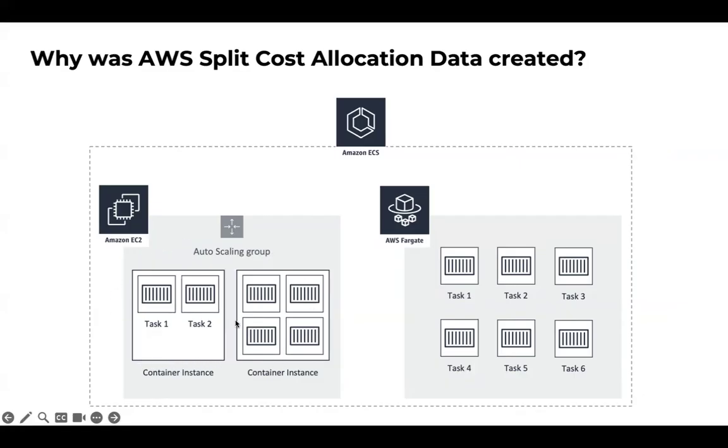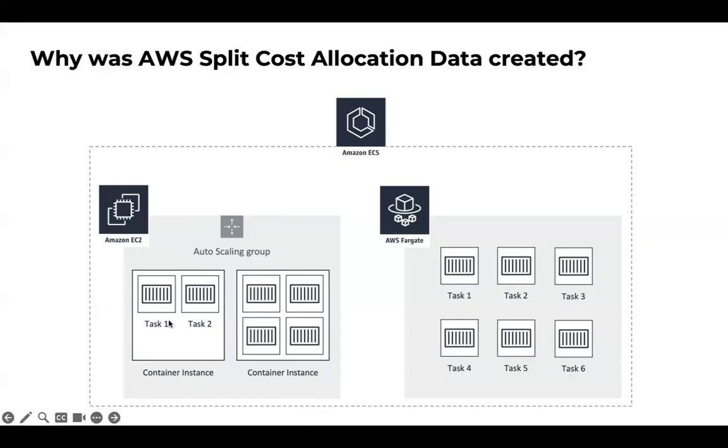In the serverless Fargate model, the customer is only charged for the actual consumption and running of the containers, consumption of AWS resources, CPU or memory. Whereas in the server-based model, they're only charged for the EC2 instance itself, and you can run the container workloads on top of it. So those are the two differences.